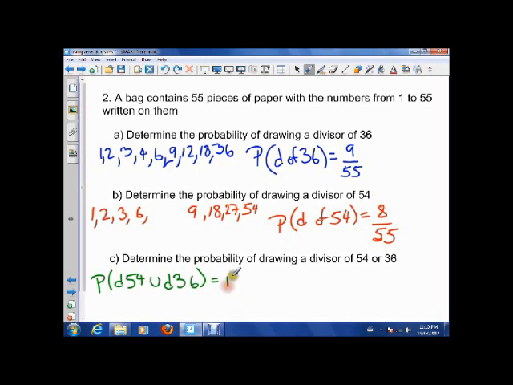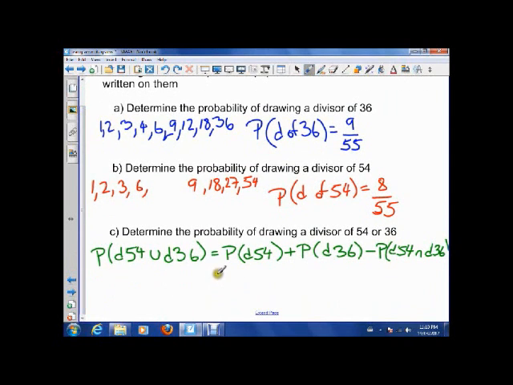So using our addition rule again, this is the probability of a divisor of 54 plus the probability of a divisor of 36 minus the intersection, divisor of 54 intersect divisor of 36. Now let's put numbers to this. The probability of a divisor of 54 is 8 out of 55. The probability of a divisor of 36 is 9 out of 55.